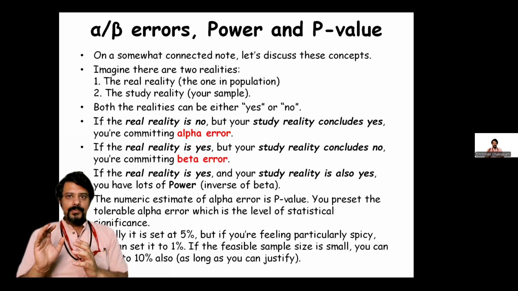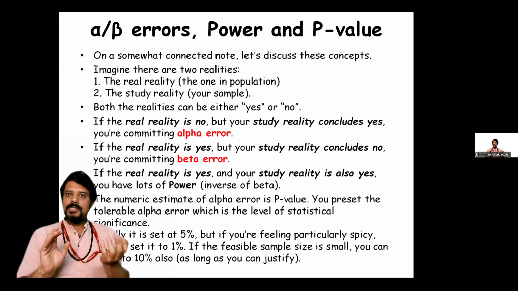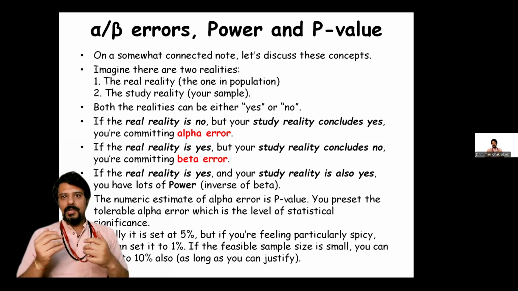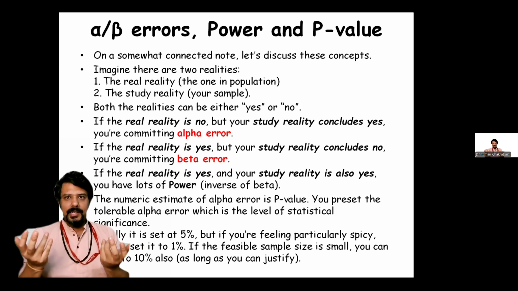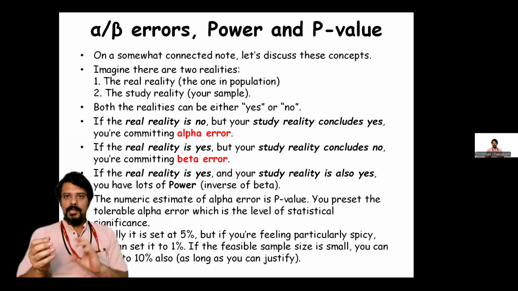So you are dealing with two sets of realities here. Both of these realities can be yes or no. Whatever question you are trying to answer, if you binarize the answer to any question, it can become yes or no. So in your actual reality also, you can have yes or no, and in your study reality also, it can be yes or no.